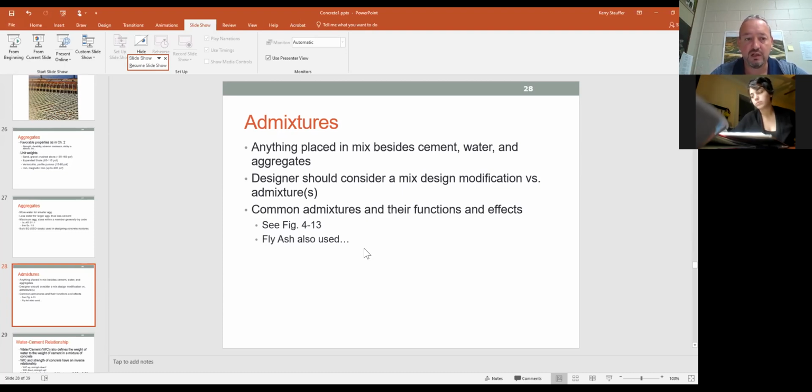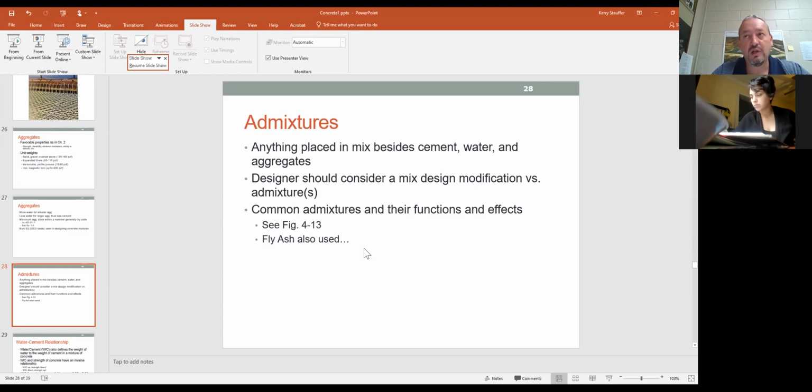So when it freezes, most things expand that I know of when they freeze. And so it allows that to happen without causing enough stress on the concrete that would cause it to crack. So it's very important. Any type of environment that's going to experience freeze-thaw, you would want air entrainment.